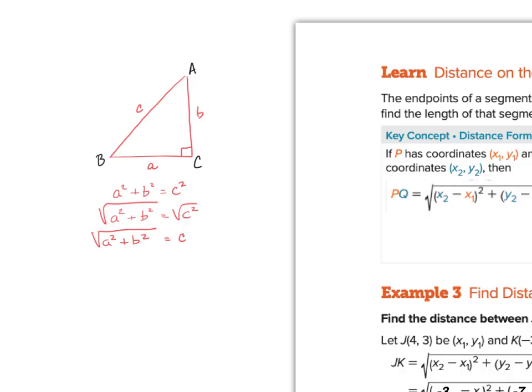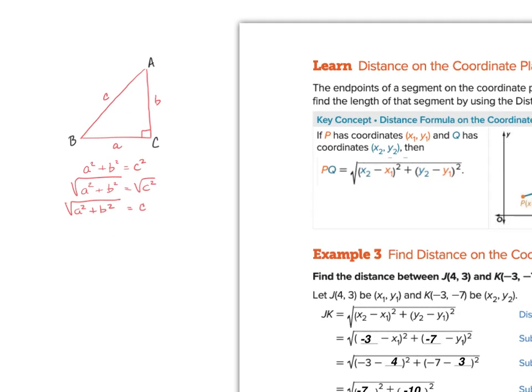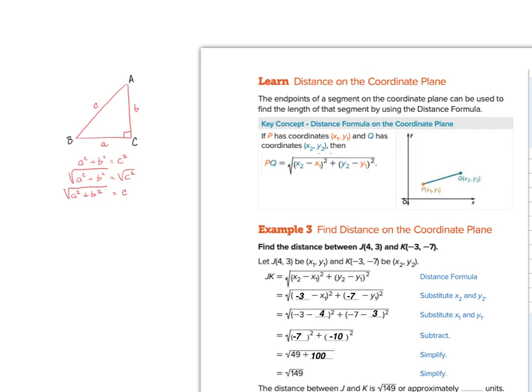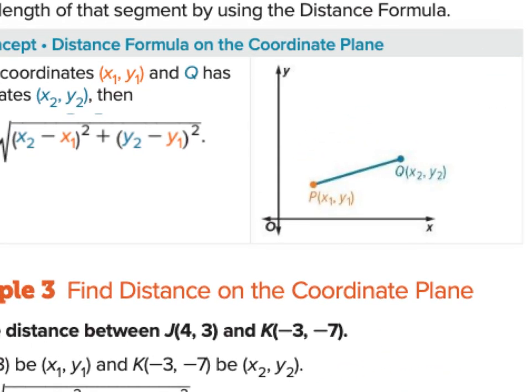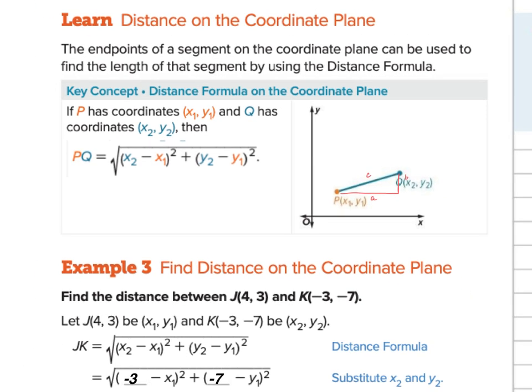Now, looking at the distance formula, that looks very similar. So here, if I take this and I pretend that this is a right triangle, I have this length and this length. I have A, I have B, and I have C. So the distance of my segment is actually the square root of, in this case, A squared plus B squared.